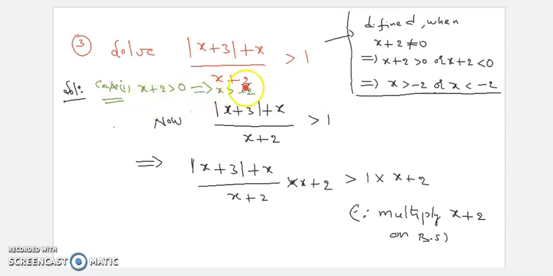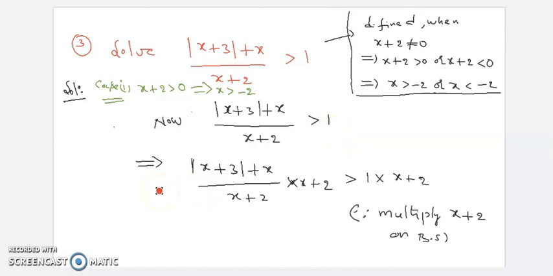First case is if x plus 2 is greater than 0, implies x greater than minus 2. Now, the given inequality is modulus of x plus 3 plus x by x plus 2 greater than 1.